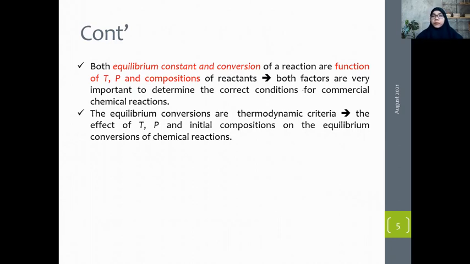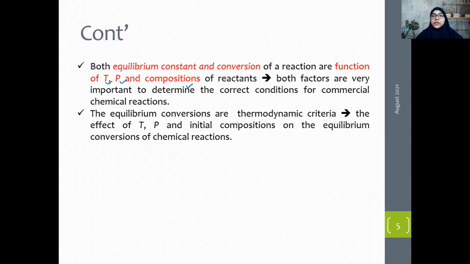Both equilibrium constant and conversion are functions of the temperature, pressure, and composition of the reactor. These factors are very important to obtain a higher yield in determining the correct condition, especially for commercial chemical reactions.